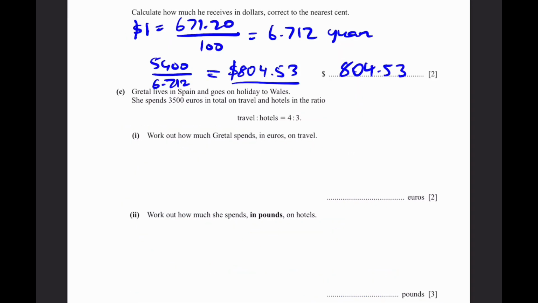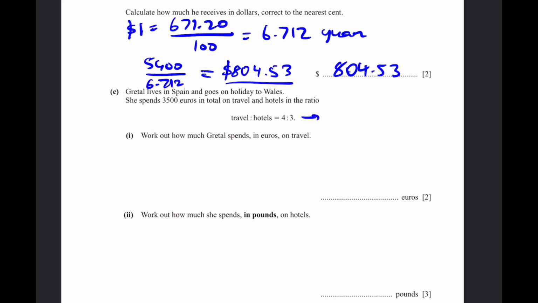Gretel lives in Spain and goes on holiday to Wales. She spends 3,500 euros in total on travel and hotels in the ratio of travel to hotels equals 4:3. 1. Work out how much Gretel spends in euros on travel. So this 4:3 is a total of 7 parts.